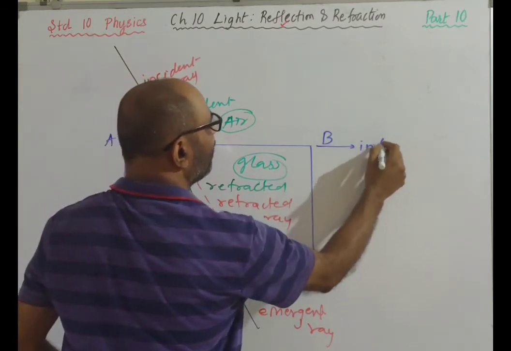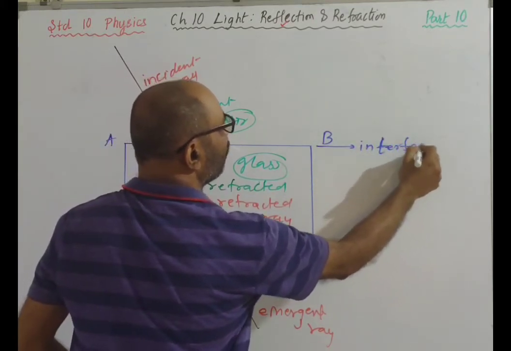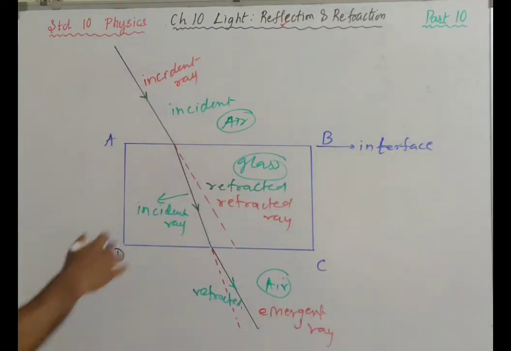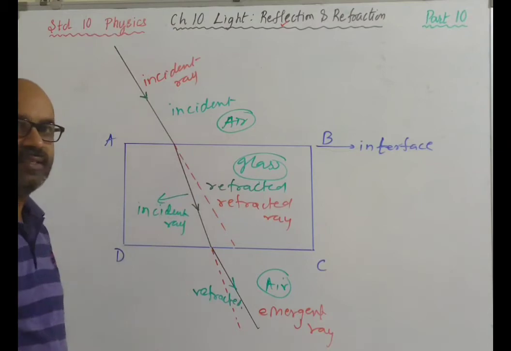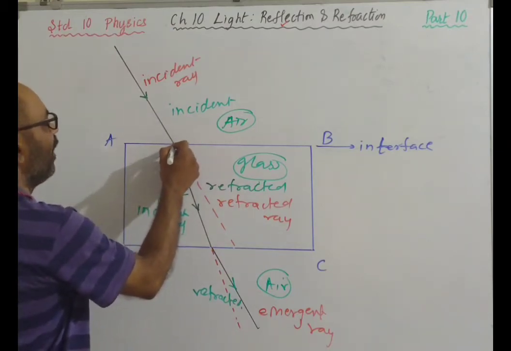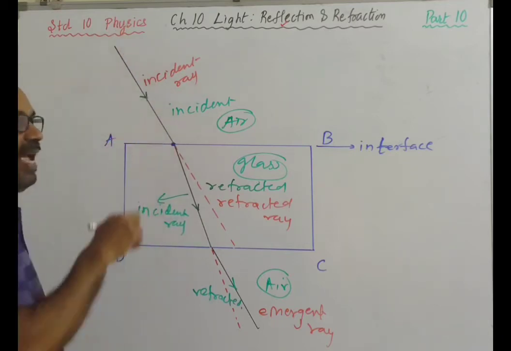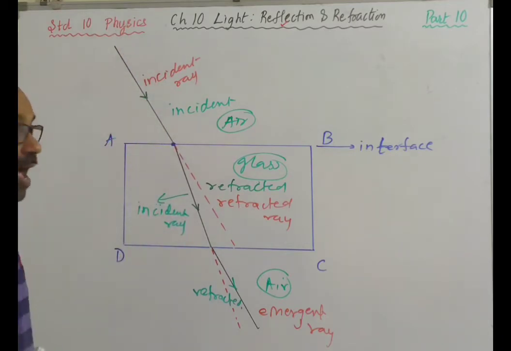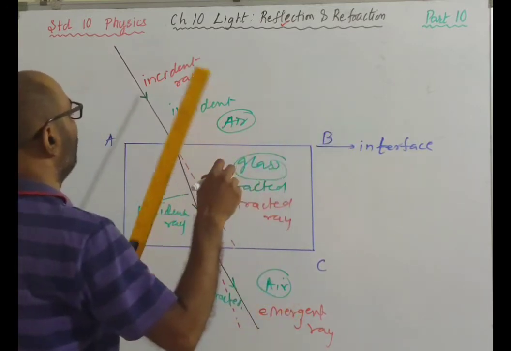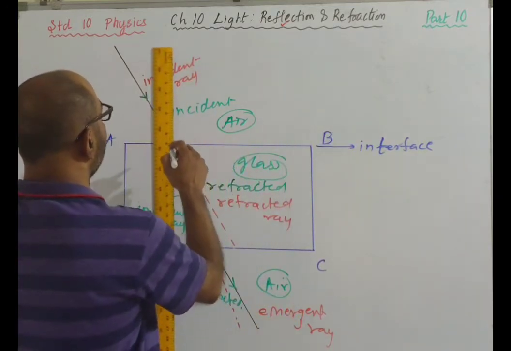Interface means the thin plate which separates air and glass media. Alright, here is the point where the ray of light gets incident. At that point, I am going to draw normal to interface, perpendicular to interface.